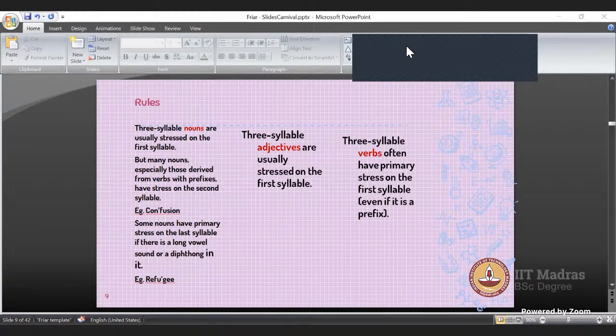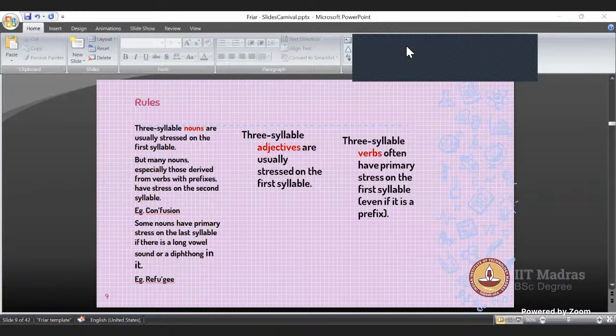Then what else do you have? The other kind of suffixes. We'll come to the compound words in a moment, but have we left out anything else under the suffix? I think we have covered most of them. And prefixes, I already told you, usually don't take any stress on themselves.